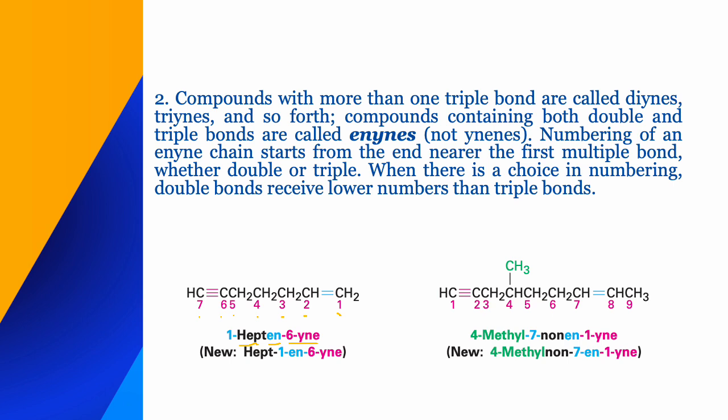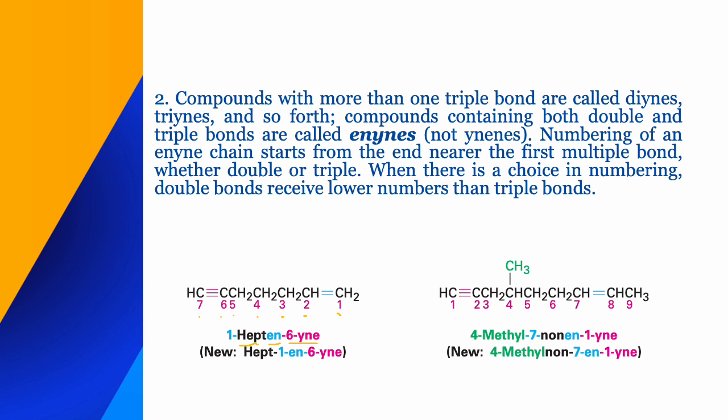So again, this is now hept-1-en-6-yne. For the second example that we have, so we have here carbon 1 if we are going to start from left to right. But if we are going to assign numbers to the carbons from right to left, the multiple bond occurs in carbon 2.